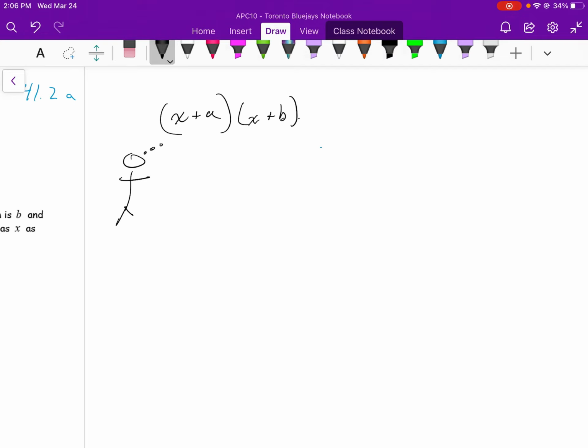If I take x plus a times x plus b, and multiply this out, what I get is x squared plus bx plus ax plus ab. So I'm just messing around here. I'm going to maybe put those two terms together. So this is really x squared plus ax plus bx plus ab.